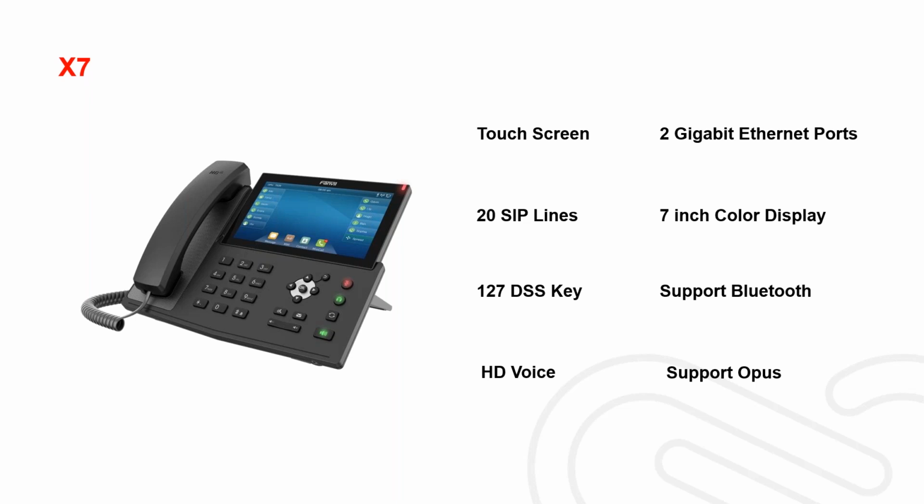Moreover, it has two Gigabit Ethernet interfaces, which allow you to use X7 with the Gigabit network, and it can also be bridged like PC devices to access the same LAN or VLAN at the same time.